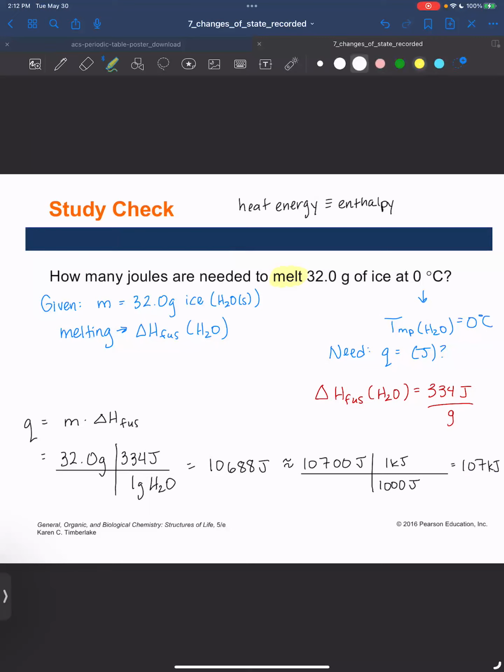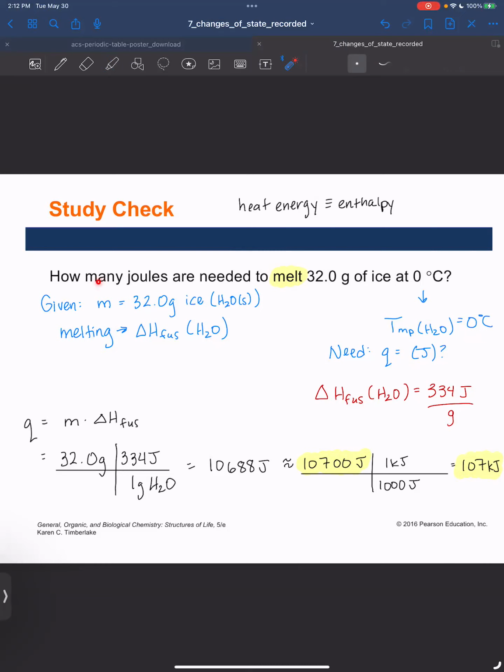Once again, the question asked for it in joules, so you could give that answer, but it's good practice to convert it into kilojoules because oftentimes we do work with heat energy in kilojoules or kilocalories. So if I have 32 grams of ice, it requires 107 kilojoules to melt the ice completely.